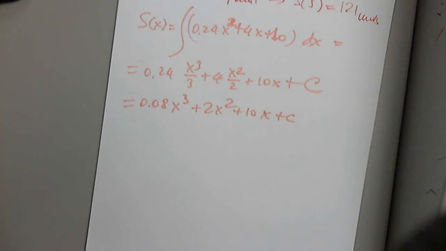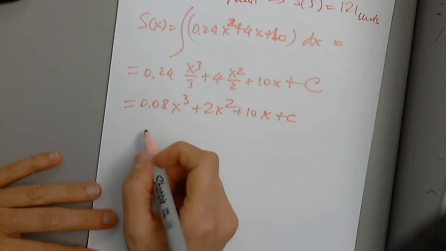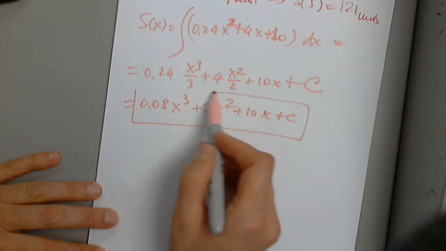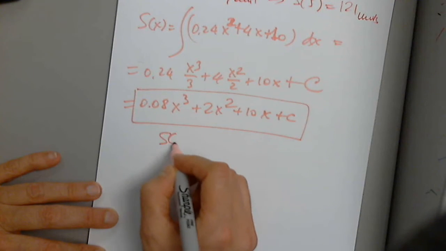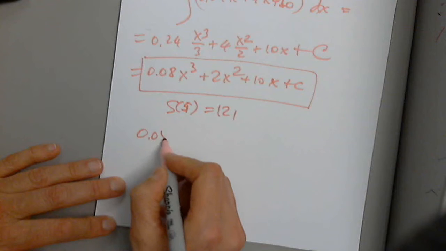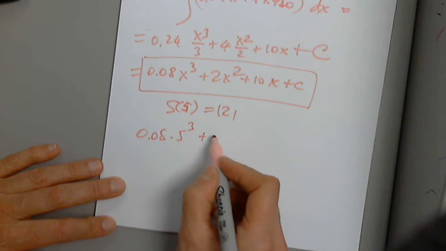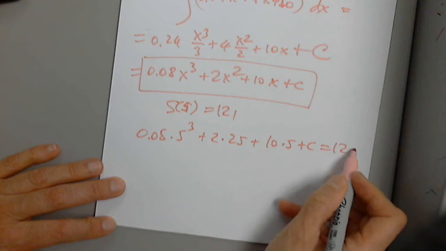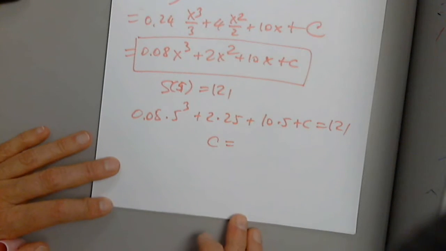And now I will plug in 5 for x. Right. Because I know this is my function. So S of 5 equals 121. So 0.08 times 5 cubed plus 2 times 25 plus 10 times 5 plus c is 121. And from here I get c.